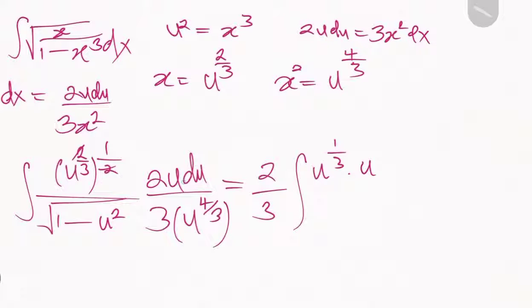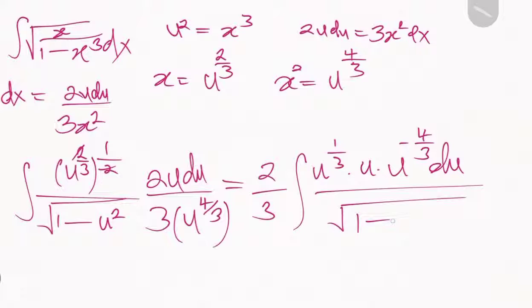Then we can bring this u to the power of 4/3 to the numerator, so we have times u raised to power minus 4/3, then du over square root of 1 minus u squared.